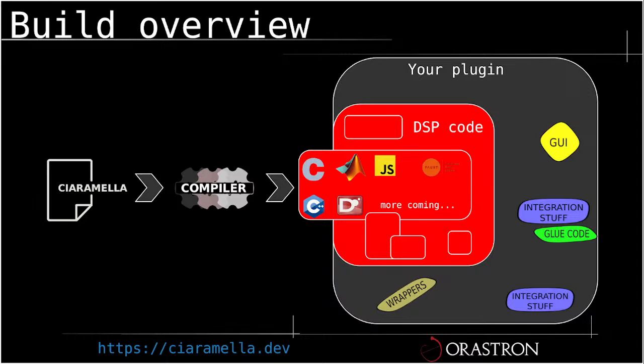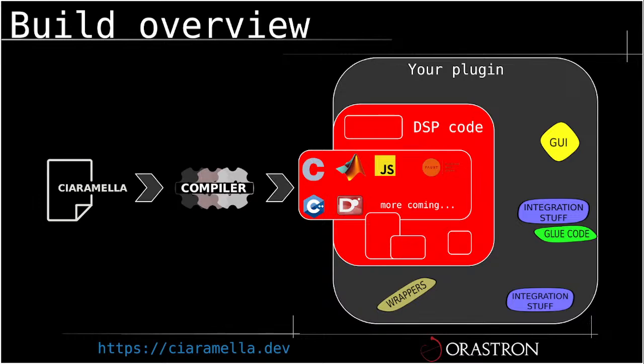Okay, so as Stefano was saying, Ciaramella is a tool that is inspired by the Unix philosophy. So our aim is to solve a problem and not create new ones.